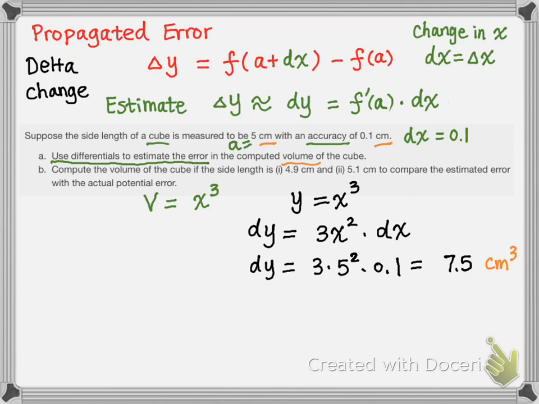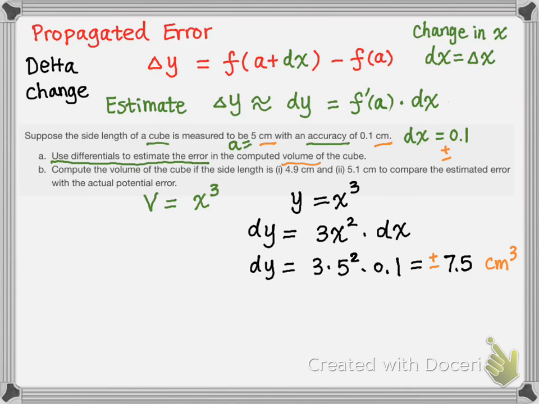Again, if we're talking about accuracy, you can even argue dx is plus or minus 0.1, and you can even say dy, the change in volume, is plus or minus 7.5. That is the differential used to estimate the error in the volume computation.